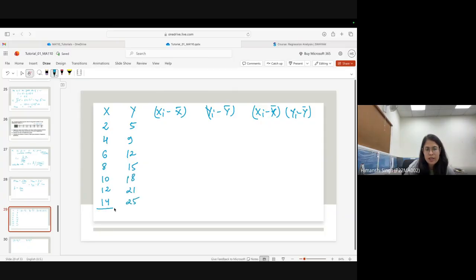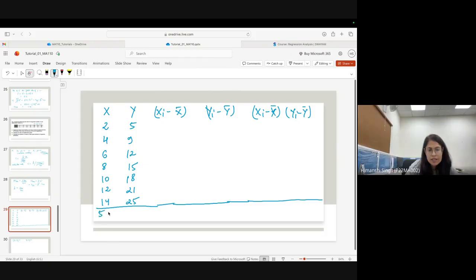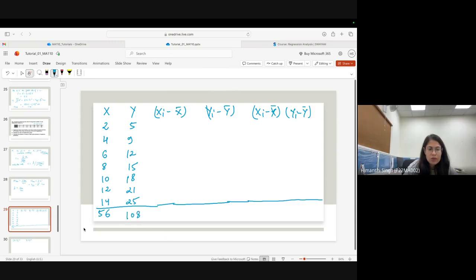Just calculate the summation of xi. It is 56. Summation xi is 56. Summation yi is 105. Now I have to calculate x bar and y bar.